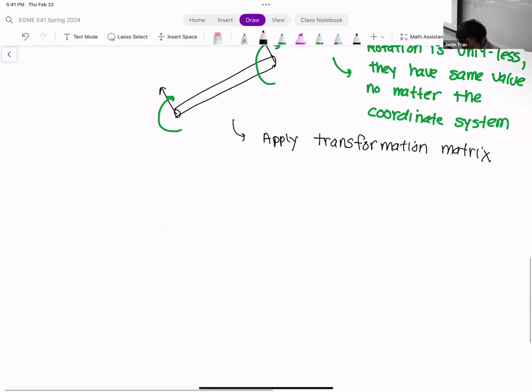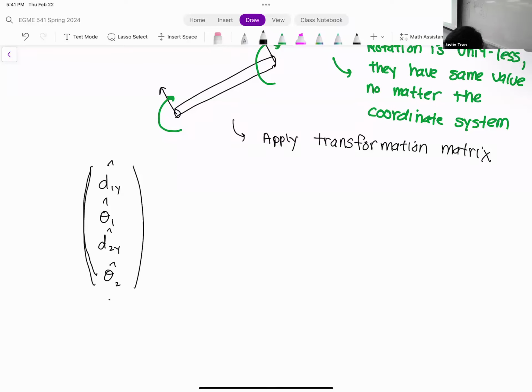And so let me go ahead and show you. Remember the way that we did this for the trusses: on the one side, we have our deformation modes in the local coordinates.